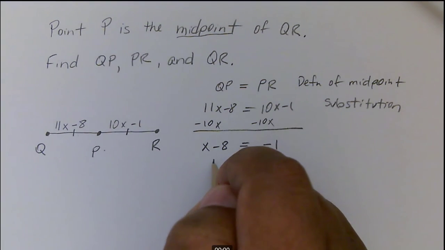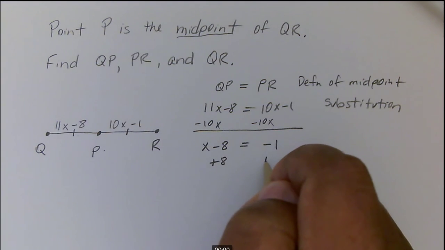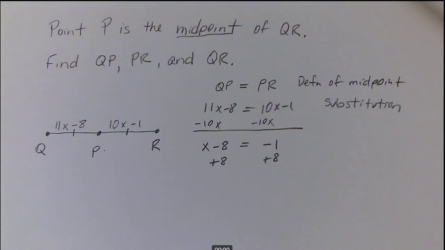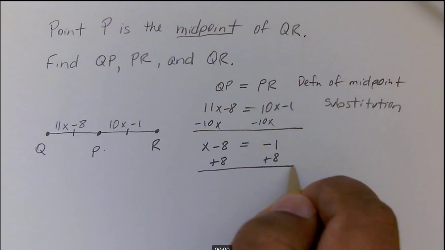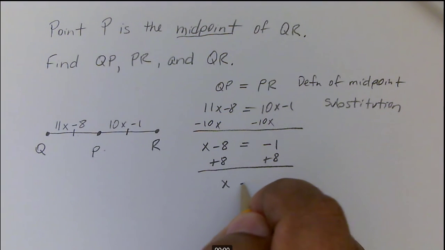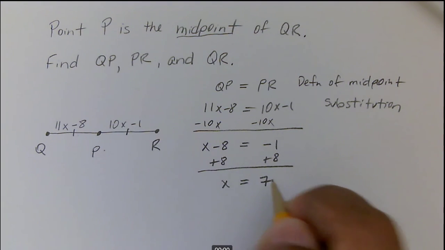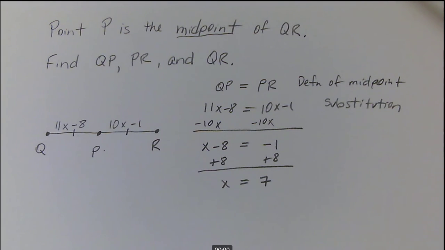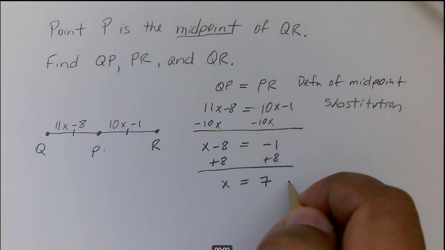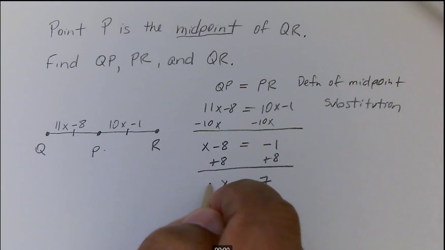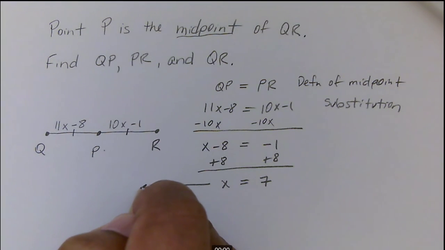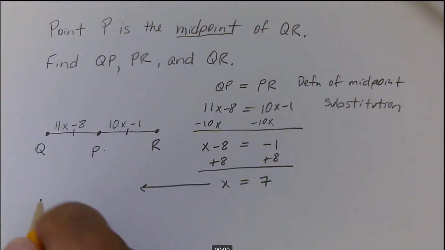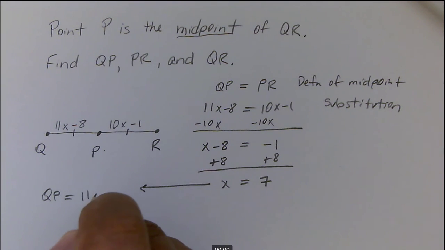And if I add 8 to both sides, using the addition property of equality, I now have x is equal to 7. So x is equal to 7 allows me then to use substitution to find the value of QP, which is represented by 11x minus 8.